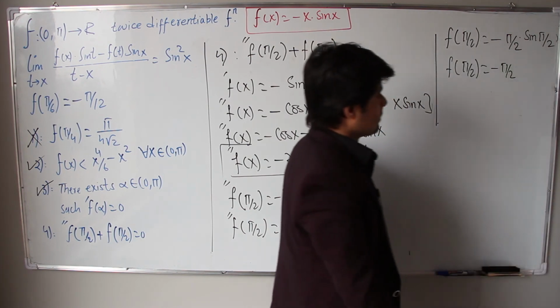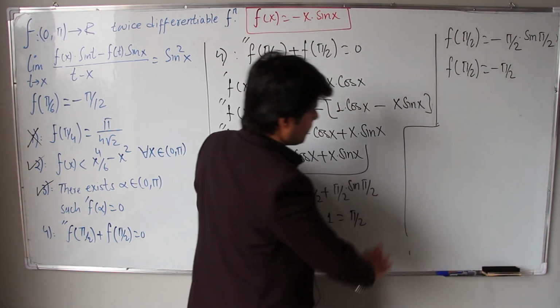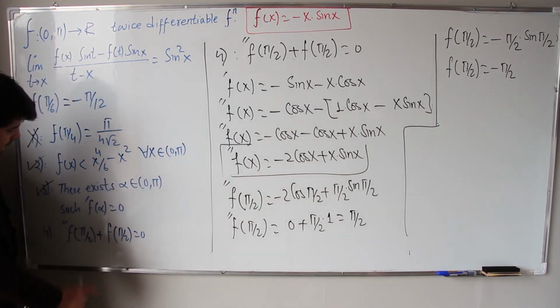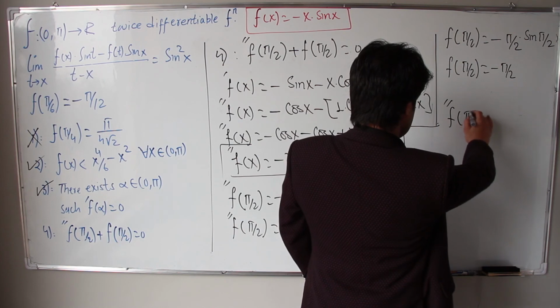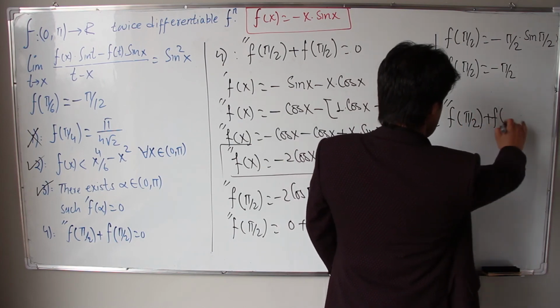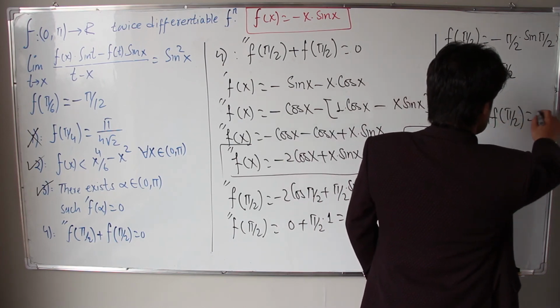So the solution is minus pi divided by 2. What is asked? F second prime of pi divided by 2 plus f of pi divided by 2, the solution is 0.